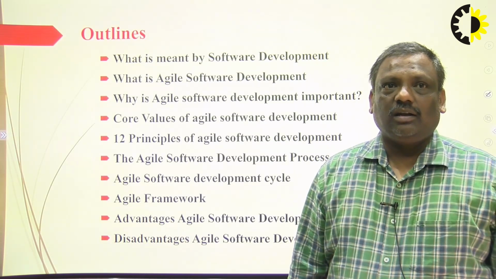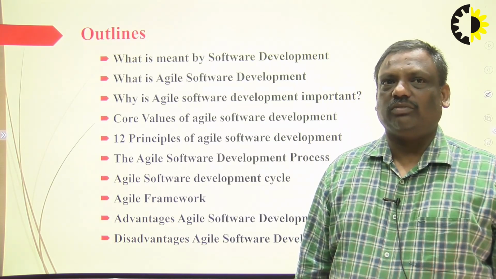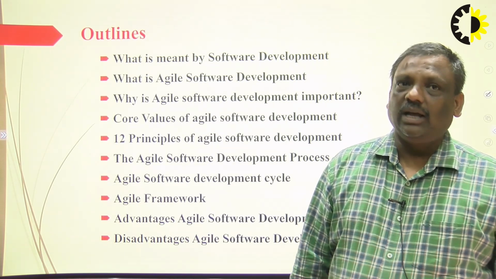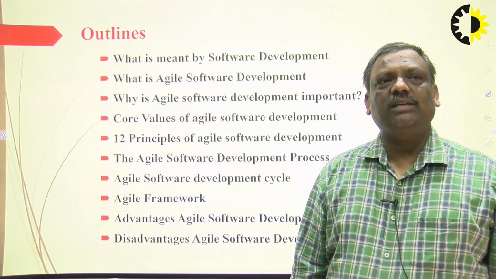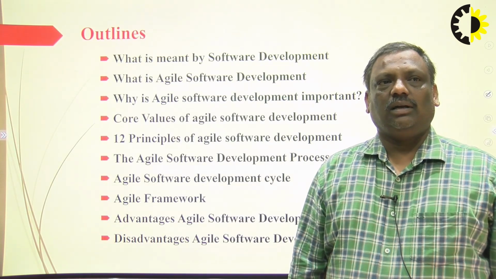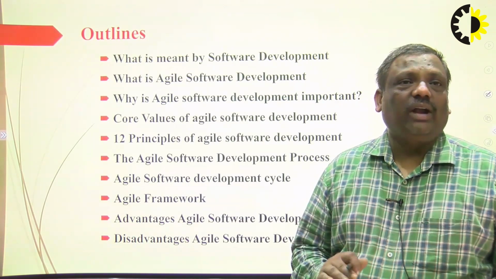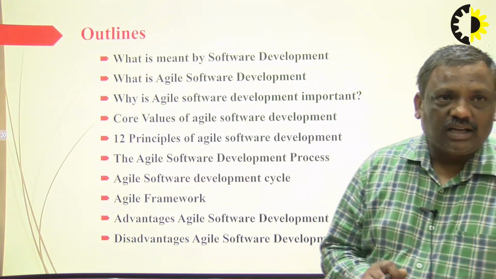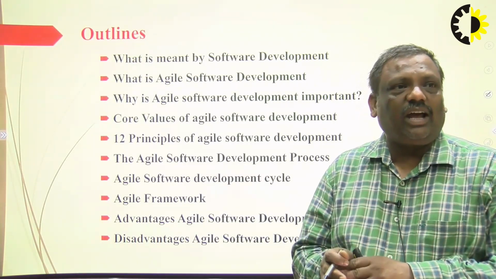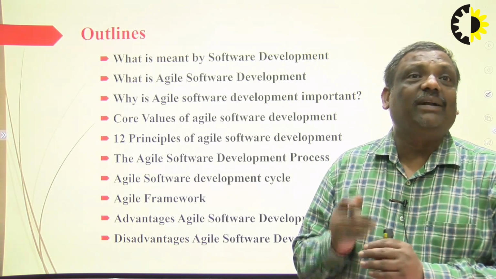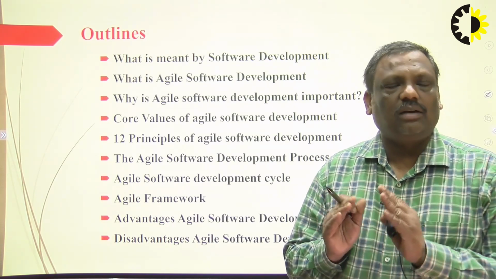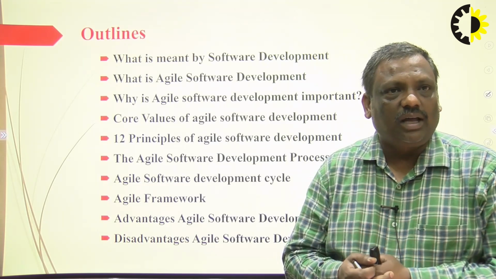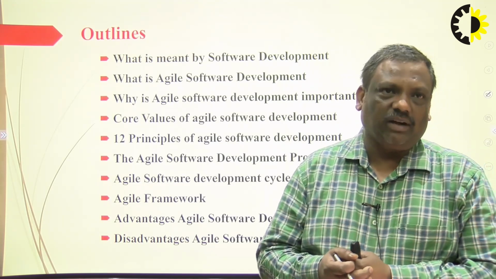Then the 4 values and 12 principles of Agile software development. Then the Agile software development process, and then we understand the development cycle considered in Agile methodology. Then we take some examples of Agile frameworks, and advantages and disadvantages.